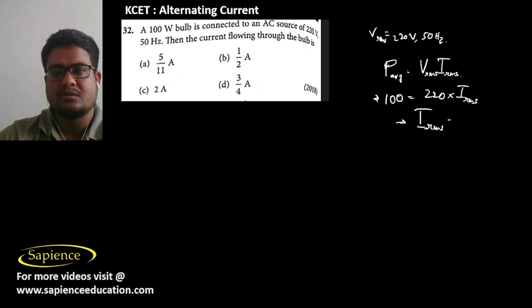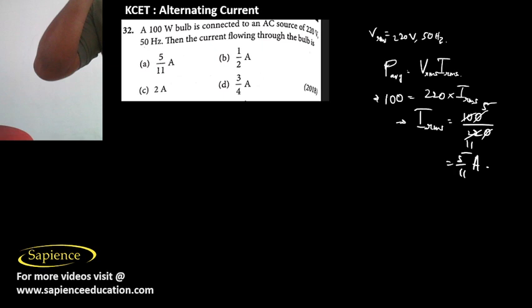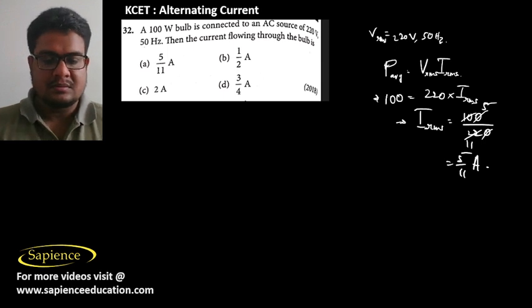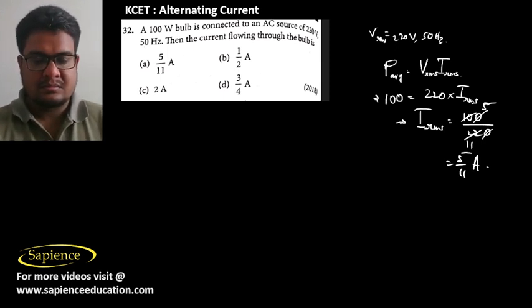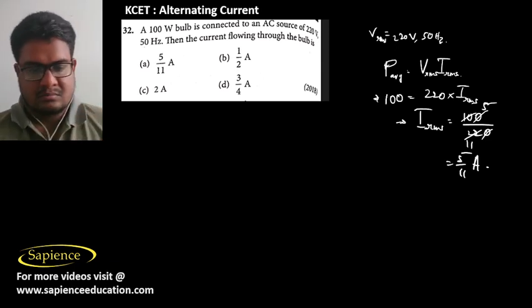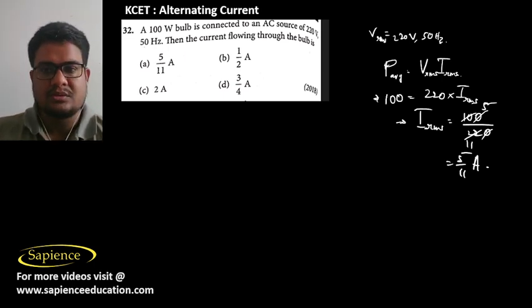Therefore, IRMS will be equal to 100 by 220, that is 5 by 11. Option A.